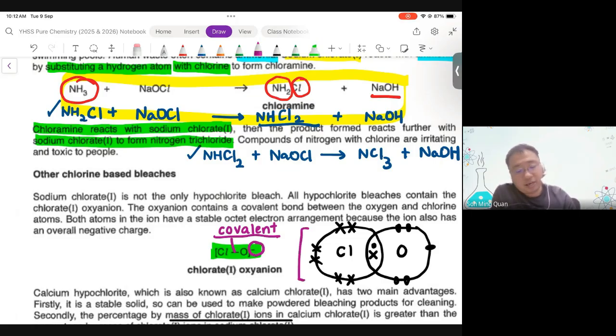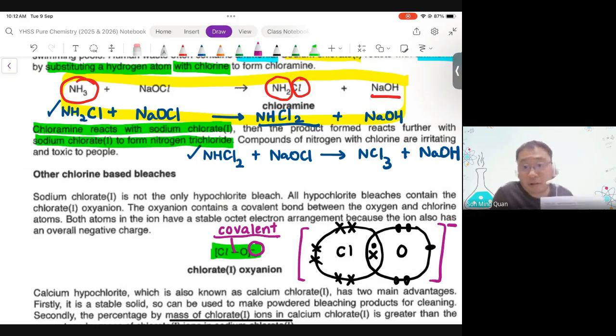This thing has a negative charge. If it has a negative charge means it has gained an electron. So where do you think the electron gain goes to? Does it go to chlorine or does it go to oxygen? Negative means it has gained an electron from somewhere else, like a metal, right? So where did that electron go? Did it go to chlorine or did the electron go to oxygen?